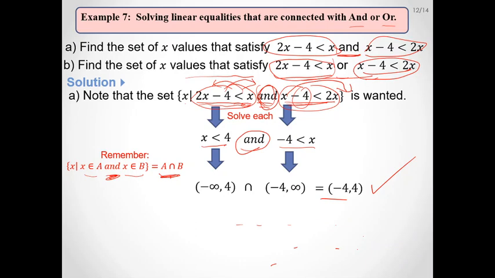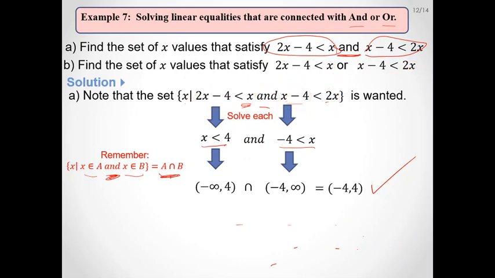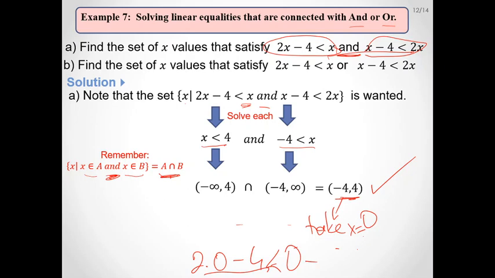So look, whenever you take any point from here, it satisfies both. For example, take 0. Zero is here, x equal to 0. So put here 2 times 0 minus 4 less than 0. This means -4 is less than 0.